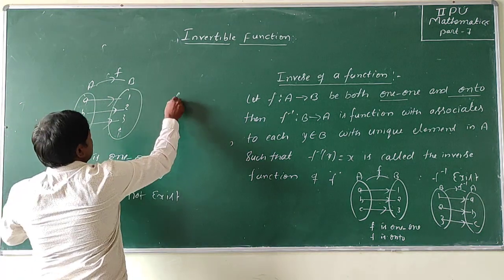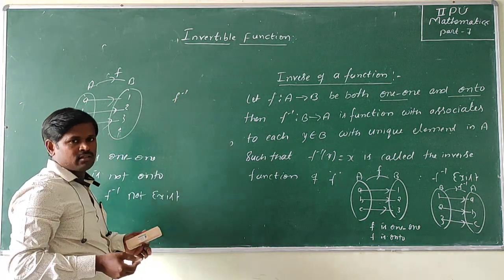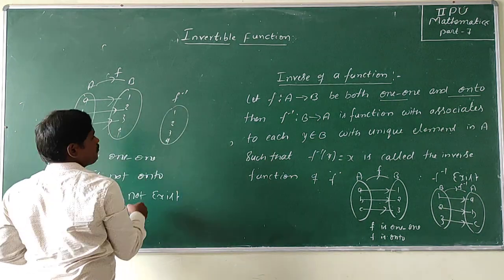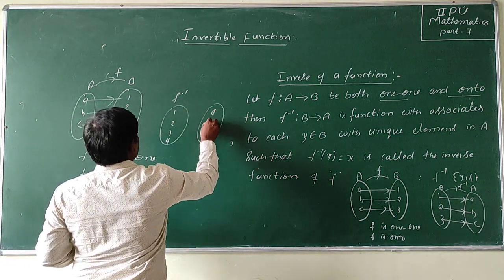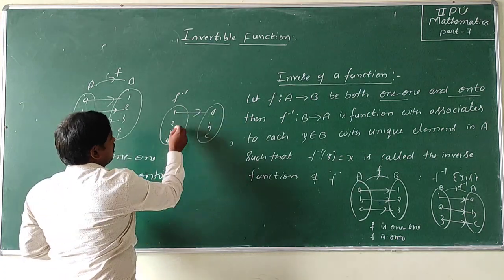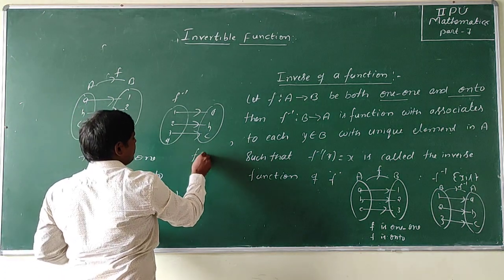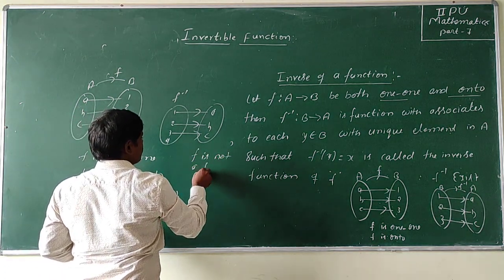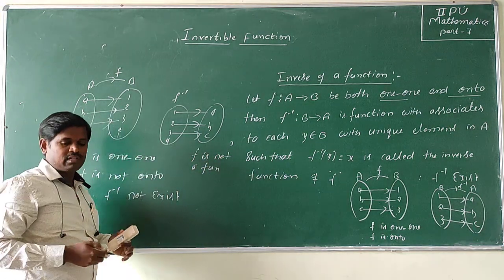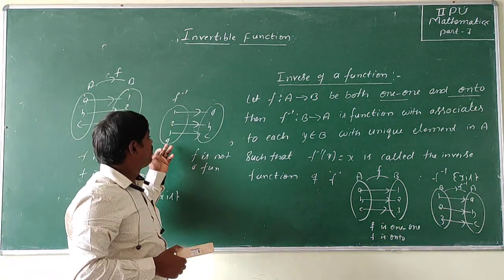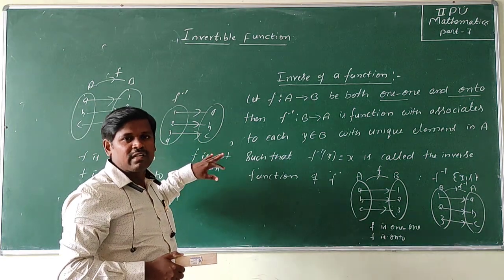So it is not a function also. Suppose we try to write F inverse: 1, 2, 3, 4 related to A, B, C. See it, F inverse is not a function. By the definition of a function, every element of the domain is associated with a unique element of the codomain.